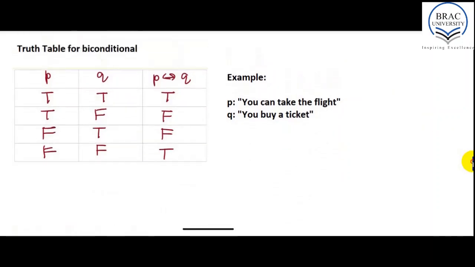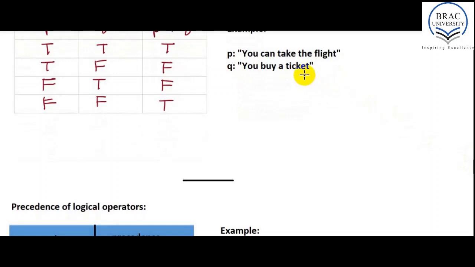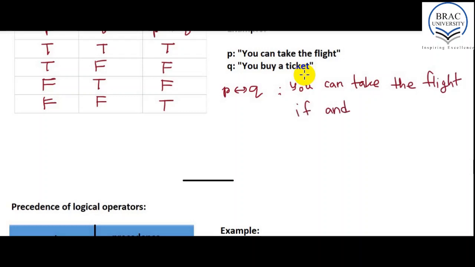Now the example is, if P is you can take the flight and Q is you buy a ticket, then you will have to find the biconditional of P and Q. So you have to find P biconditional Q. This can be written as: you can take the flight if and only if you buy a ticket.